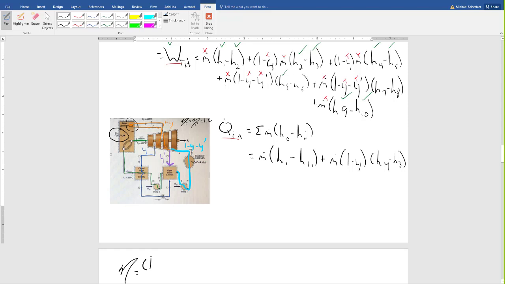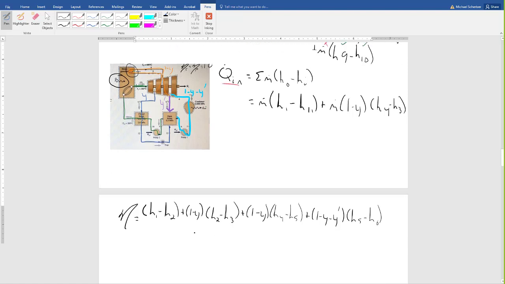So this is going to be h1 minus h2. My second term is 1 minus y times h2 minus h3. My third term, 1 minus y, h4 minus h5. My next term is 1 minus y prime, h5 minus h6.